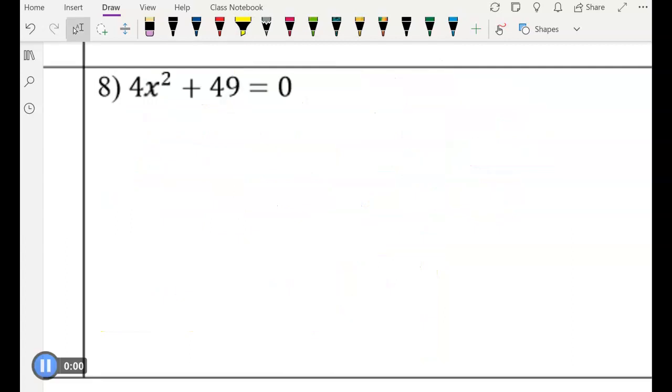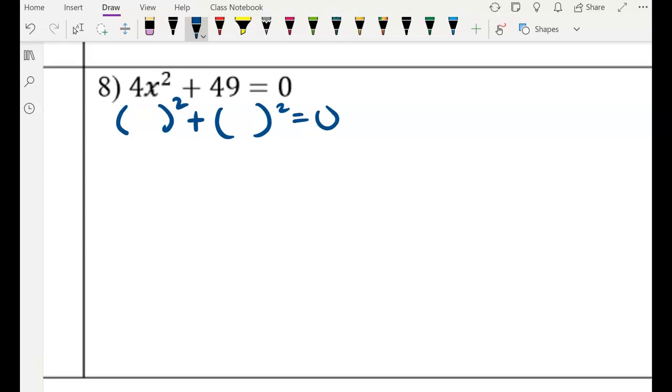Okay? Example 8. 4x squared plus 49 equals 0. First, let's see if this is factorable. So we have 4x squared plus 49. It appears that these are both squares. So let's see if you can write this as a square. So 4x squared means 2x quantity squared will give us 4x squared.